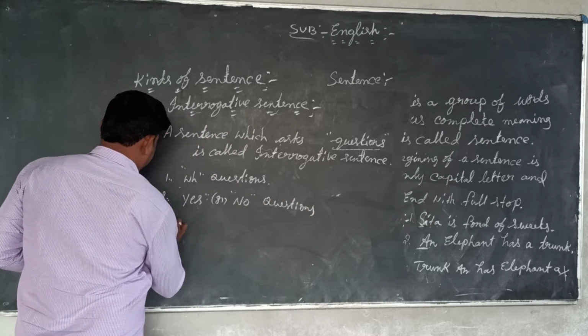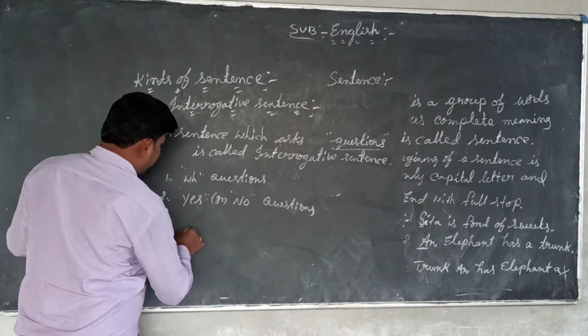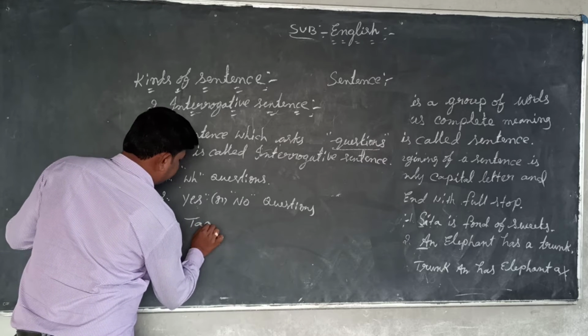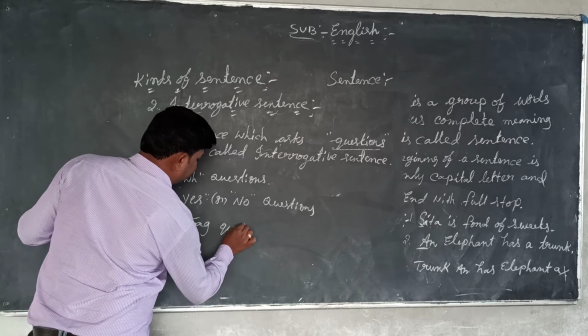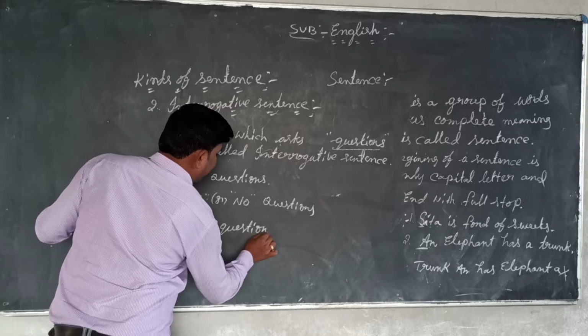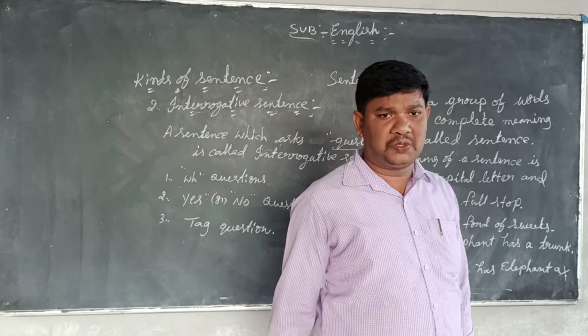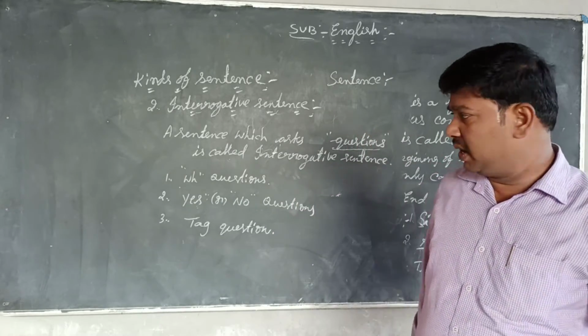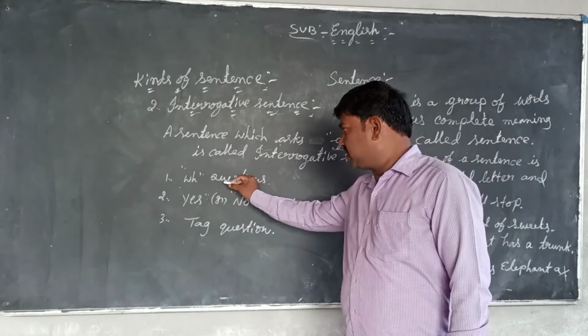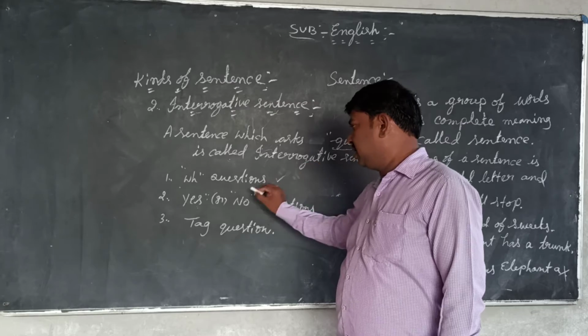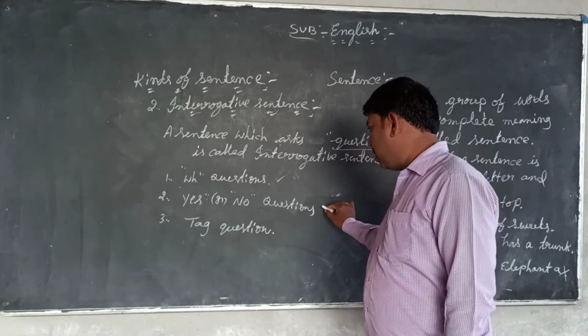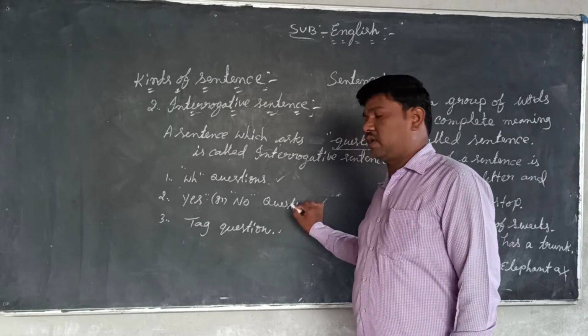And the third one is tag questions. What are the three types of interrogative sentence I have written on the board? All of you listen here. The first one is WH question. The second one is yes or no questions. The third one is tag question.